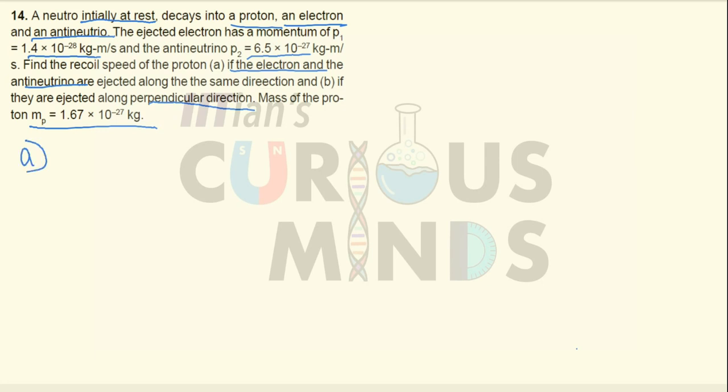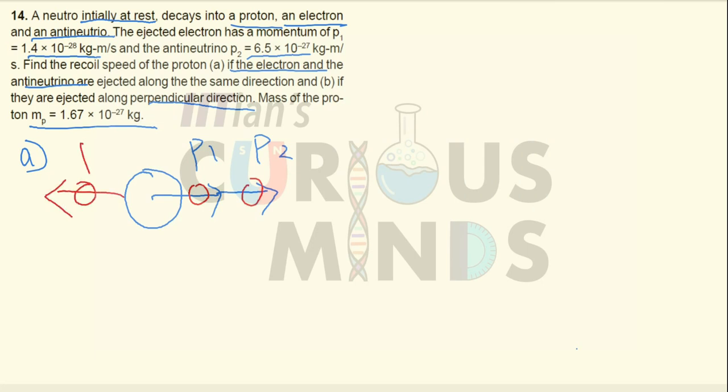If this was the neutron, it has now split into three constituents. The electron and the antineutrino are moving in the same direction with momenta p1 and p2. Since two particles are moving in the same direction, the proton has to move in the opposite direction with a momentum, let us say, p.